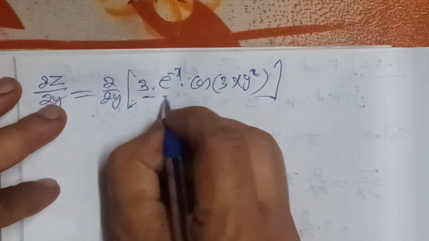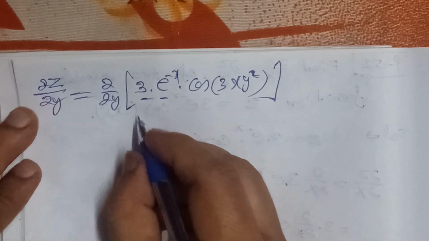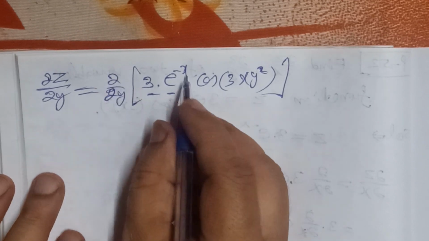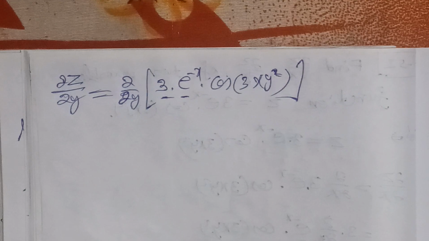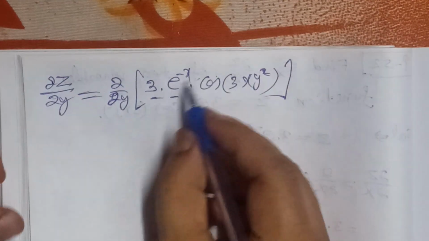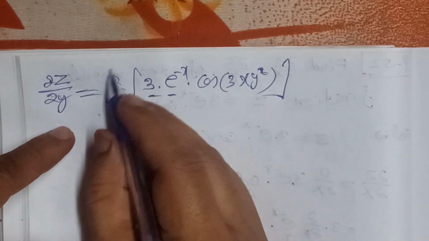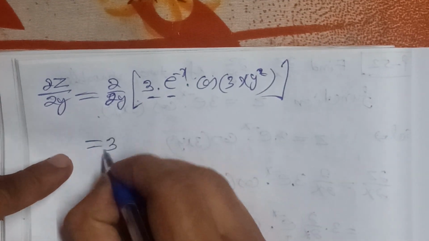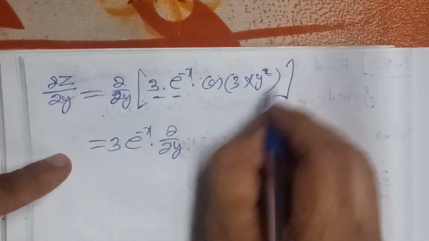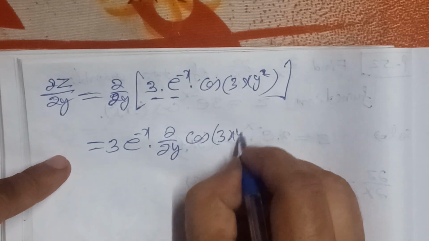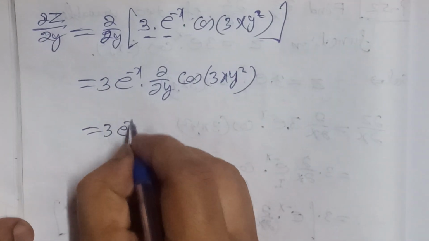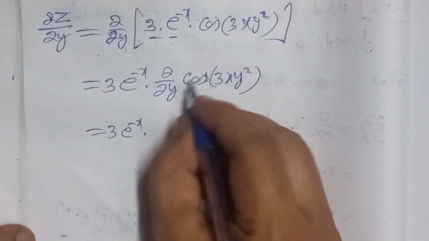These two factors are constant, because in partial differentiation x is constant with respect to y, so we can take out e^(-x) from the differentiation, so we can write it as 3e^(-x) and differentiate only cos(3xy²).